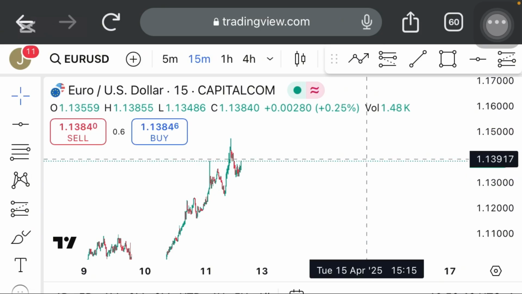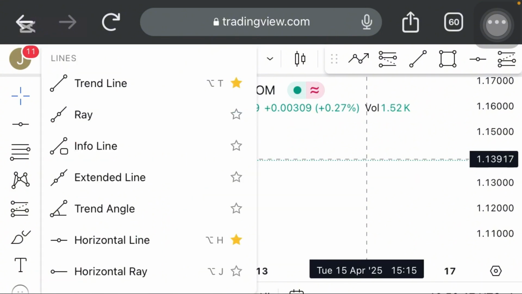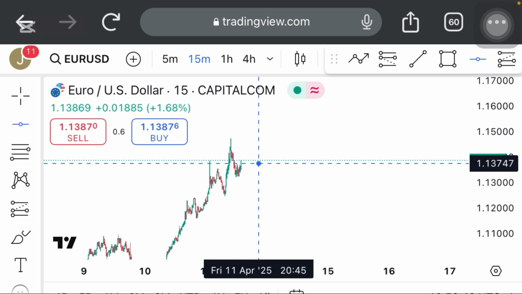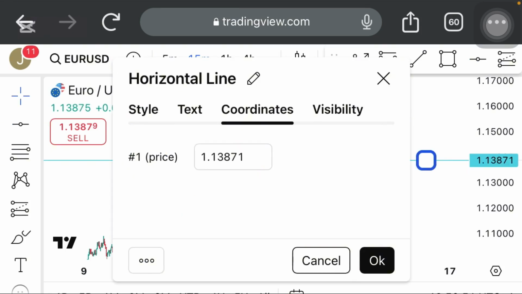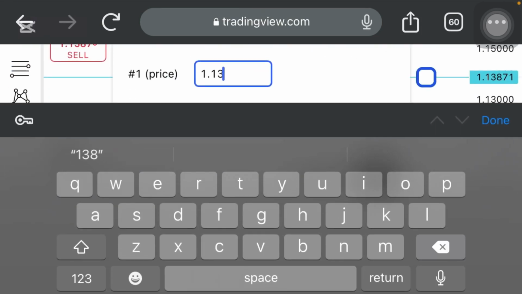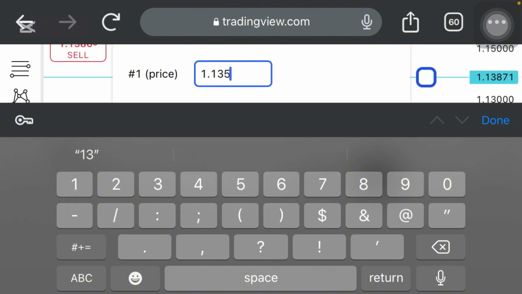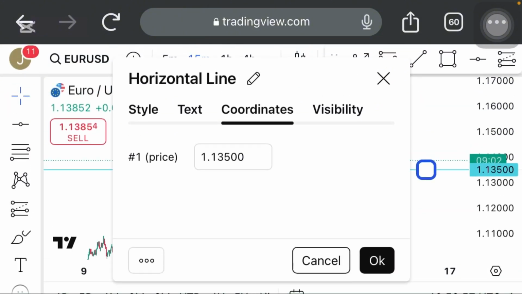So for you to basically plot the psychological level now, you just come, pick your horizontal line, then you mark it and change it to the nearest number, which is 1.3500.